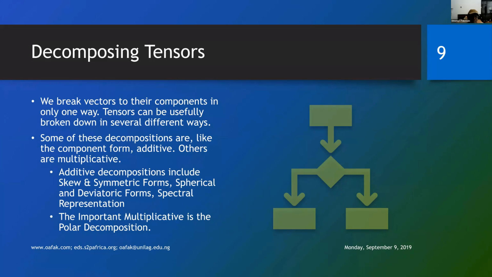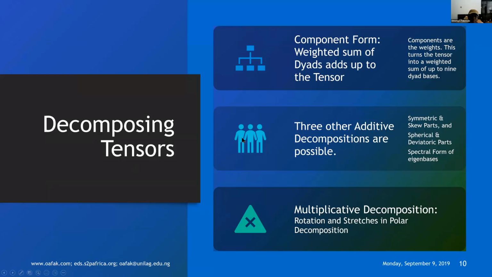Then there is an important multiplicative decomposition that we call the polar decomposition. You will get that in the next course of continuum mechanics. That is critically important. So there are at least 5 different ways you can break a tensor down into simpler forms. Component form is the weighted sum of dyads that add up to the tensor.